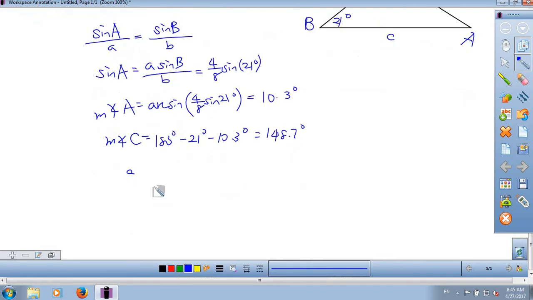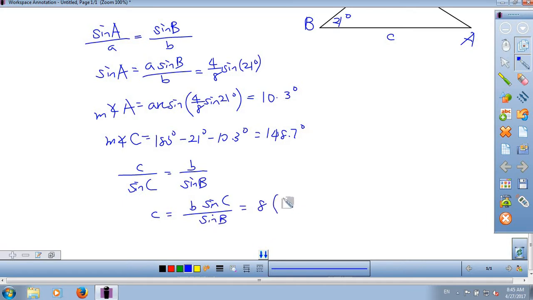Now we use the law of sines again. I'm going to use sine C over c equal to sine B over b, just like before. Then little c will be b times sine C divided by sine B. So it will be 8 inches times sine of 148.7 degrees divided by sine of 21 degrees.